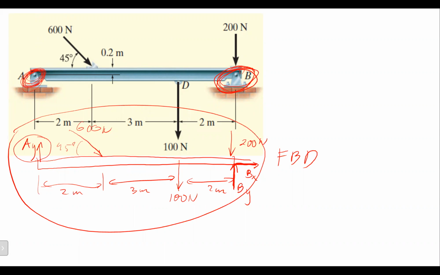Because just now I told you, the question here is: what are the reaction forces at point A and B due to the roller joint and pin joint there?